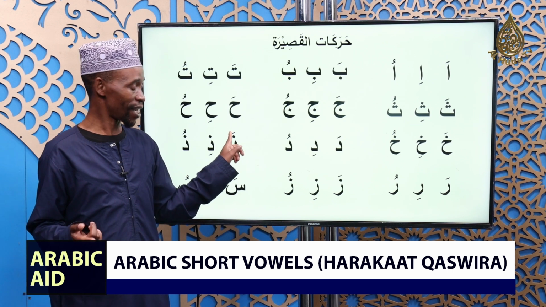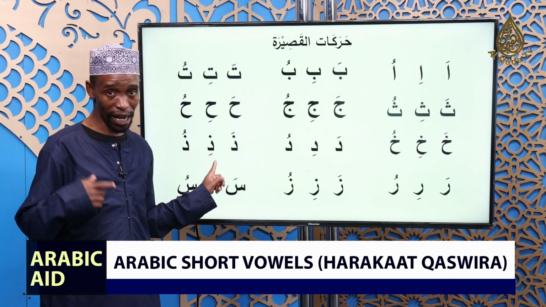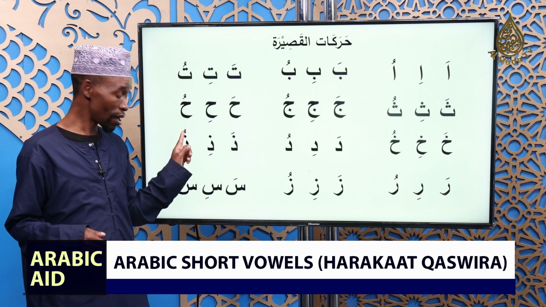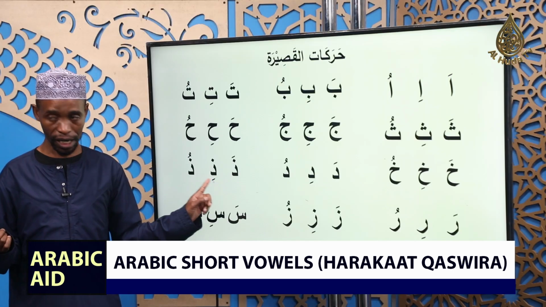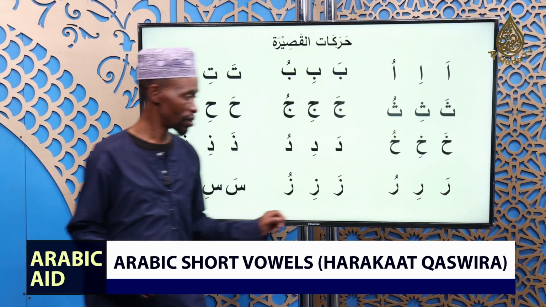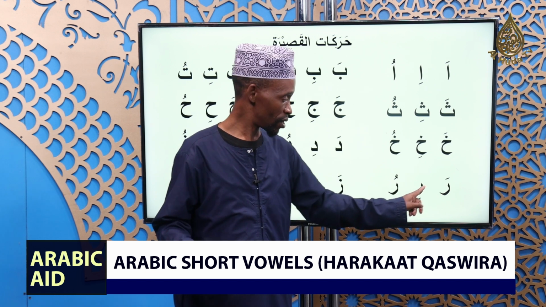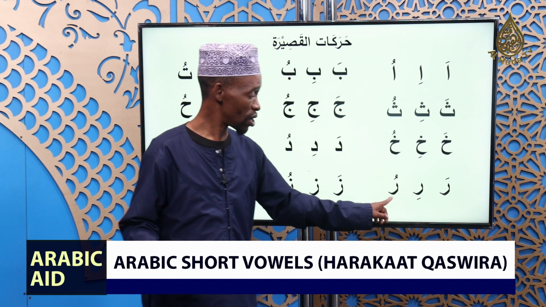Dhal, fatha, Dha. Dhal, kasra, Dhi. Dhal, dhamma, Dhu. Dha, Dhi, Dhu. Ra, fatha, Ra. Ra, kasra, Ri.